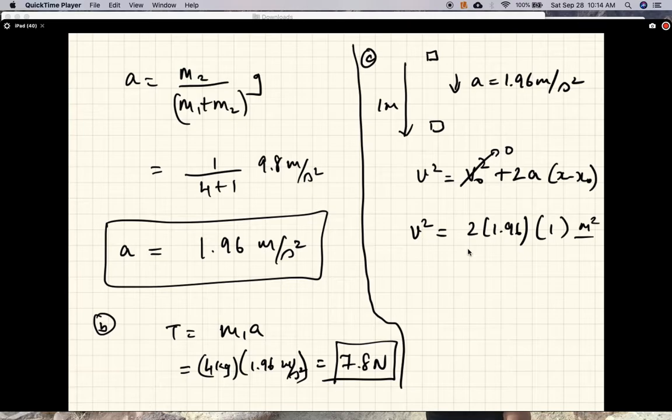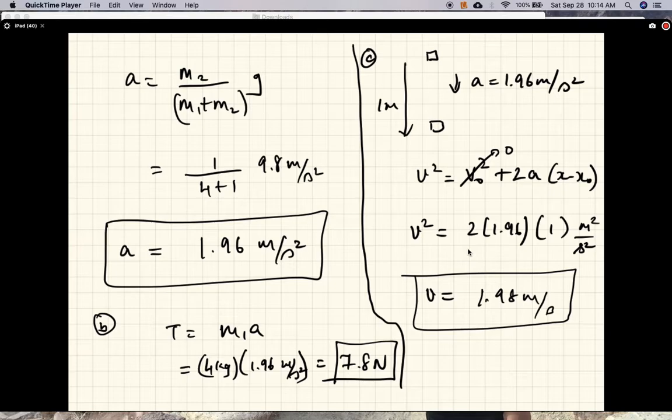Meter squared per second squared. So the speed with which it hits the ground is 1.98 meters per second. Okay, that finishes this problem.